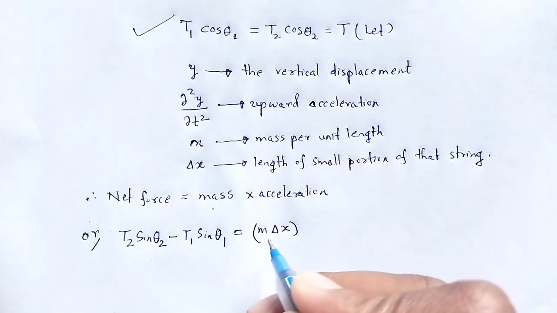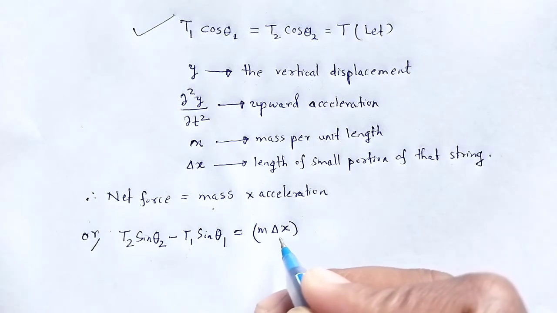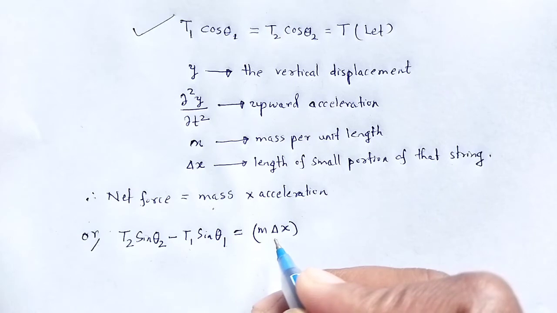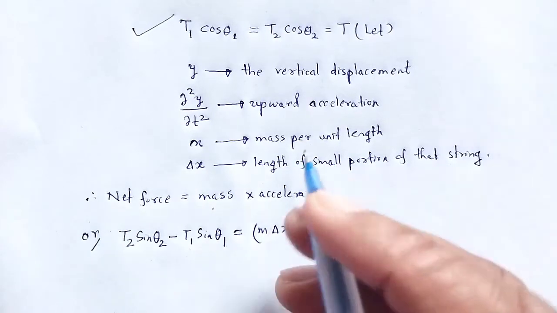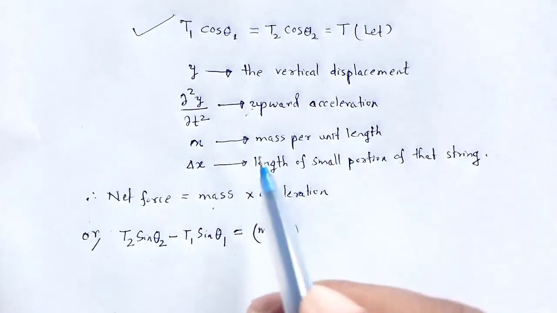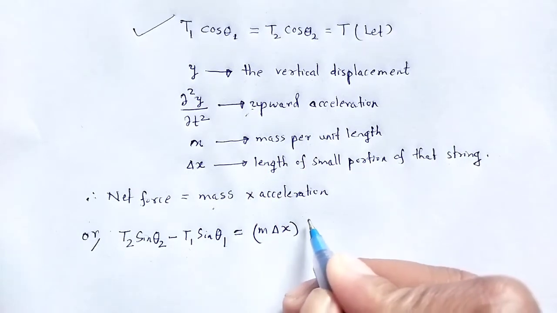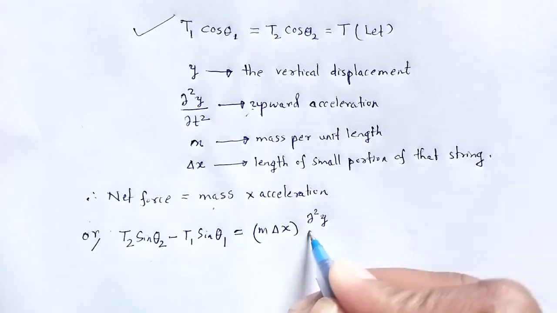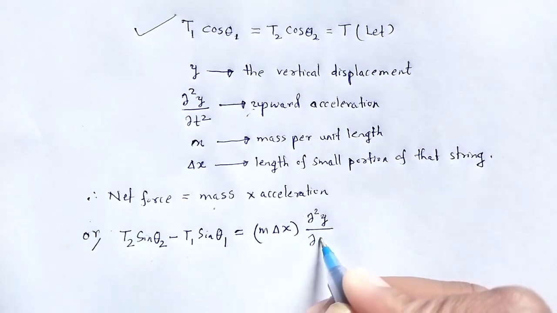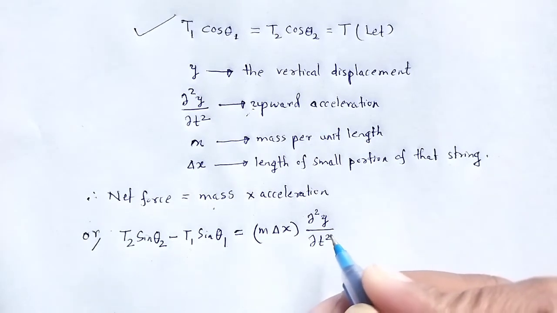Small m is the mass per unit length and del x is the length, therefore that is the mass of the small portion of the string. Then the upward acceleration is del 2y by del t2.